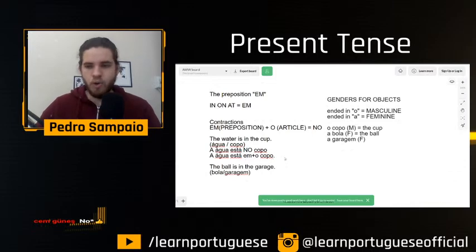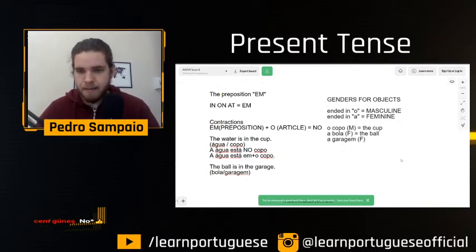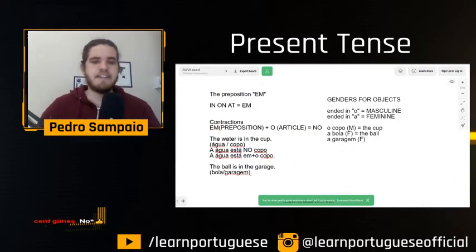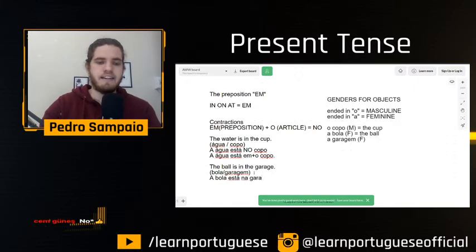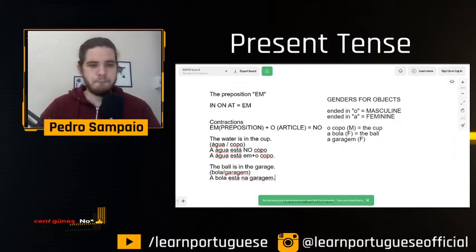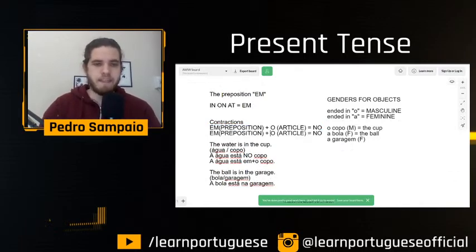So we say no copo 100% of the time. And the second sentence, a bola está na garagem, like Matt said, it's the same logic. A bola está na garagem. If we contract the preposition em and the article a, we end up with na.